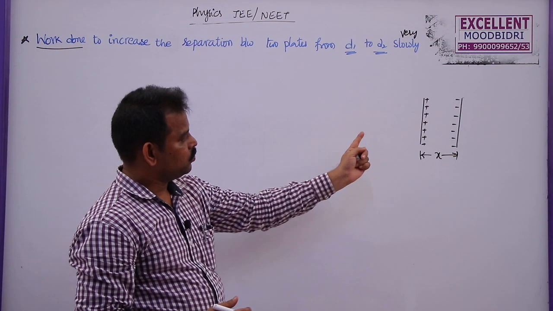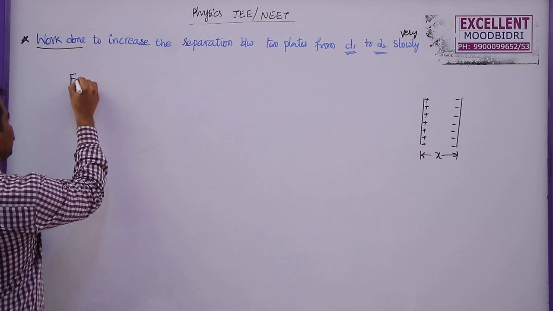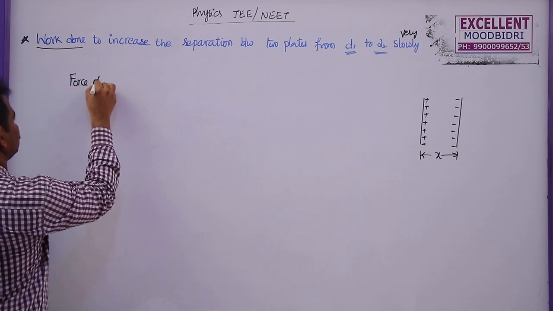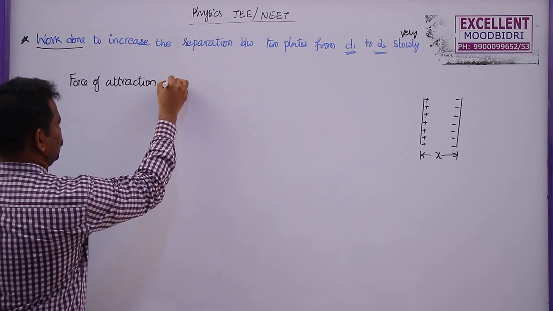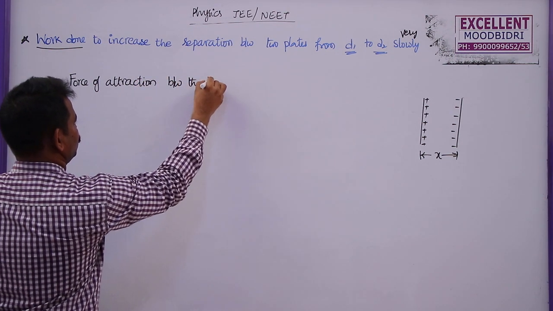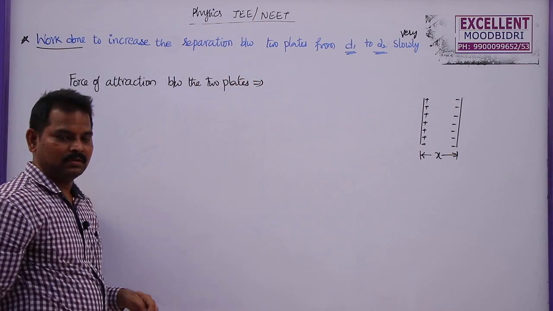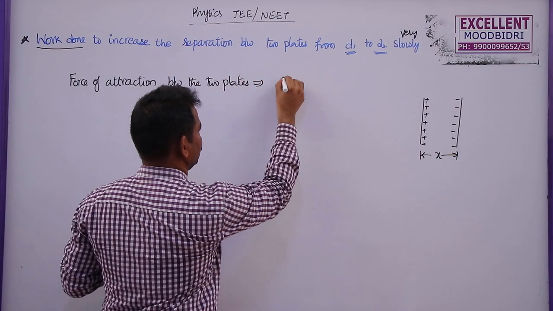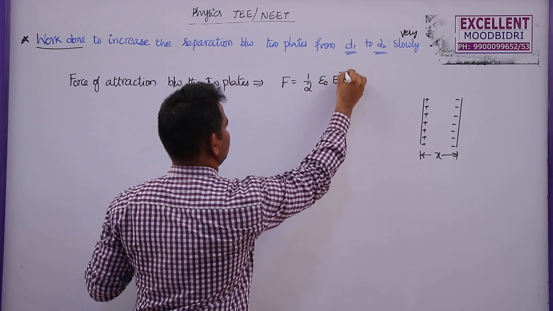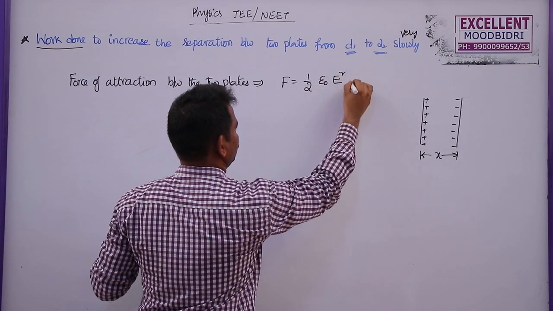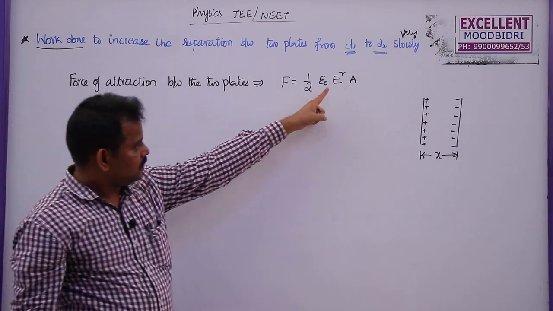So in this case, what is the force of attraction between these two? The force of attraction between the two plates is given by F is equal to half epsilon naught E square into A. What is E here?